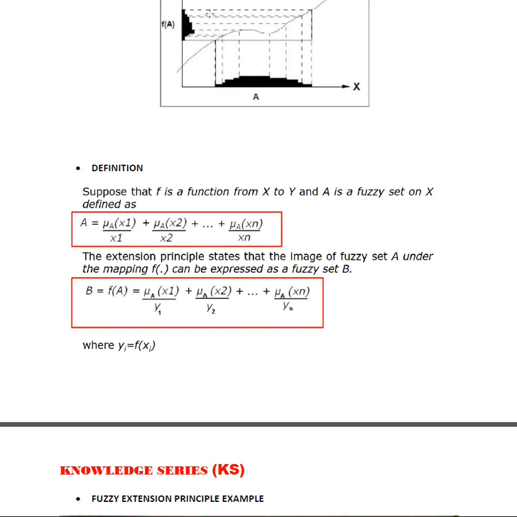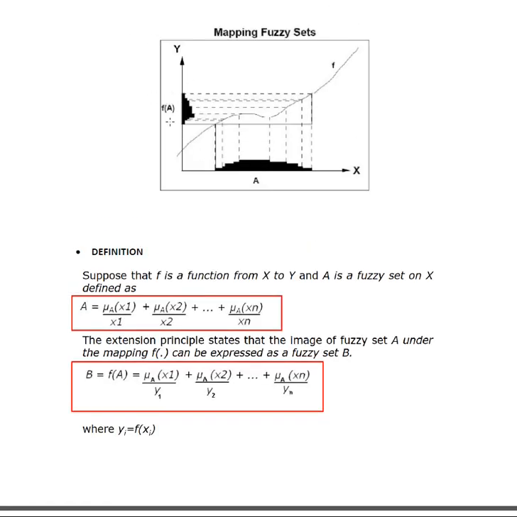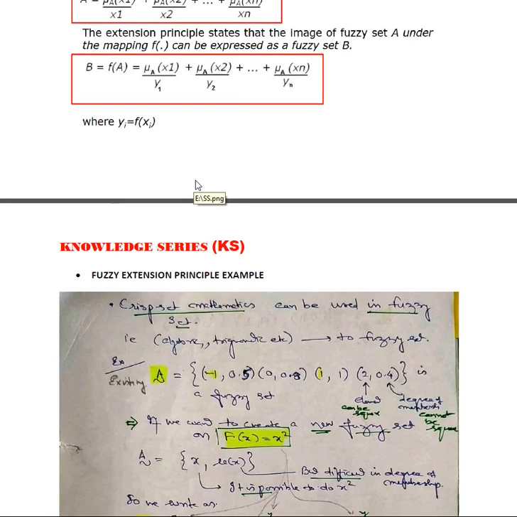You will get the exact A plot across B, which means the membership plot A on the universe of discourse X will be exactly reflected in the membership plot B on the universe of discourse Y. That is what it means.